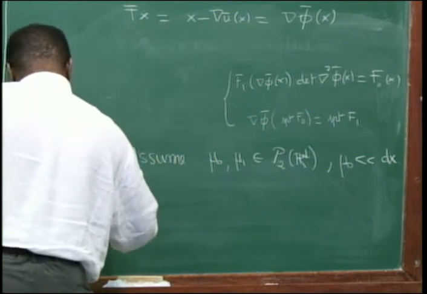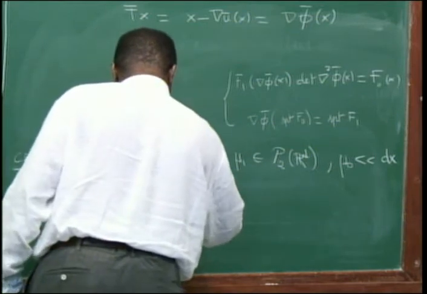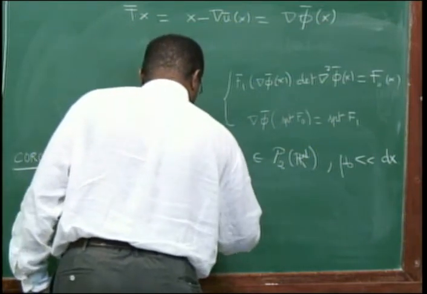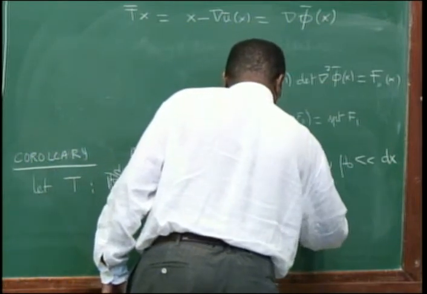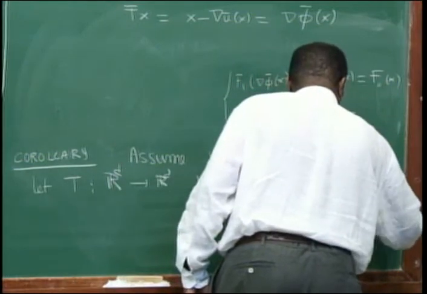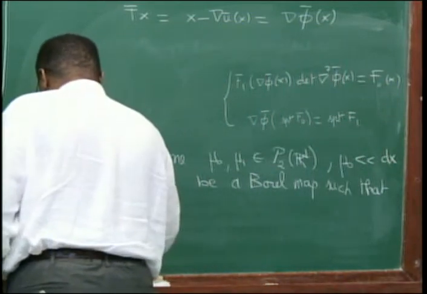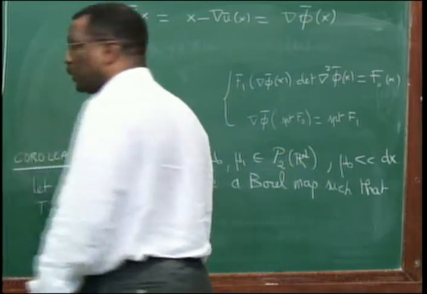Let T from R^d to R^d be a Borel map such that T pushes mu0 forward to mu1.